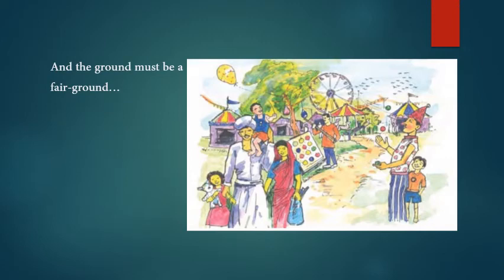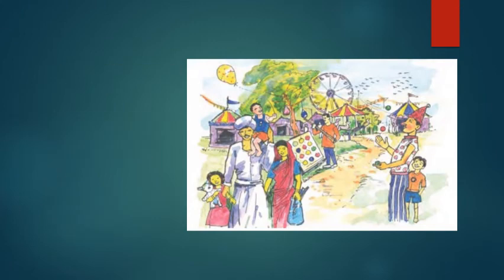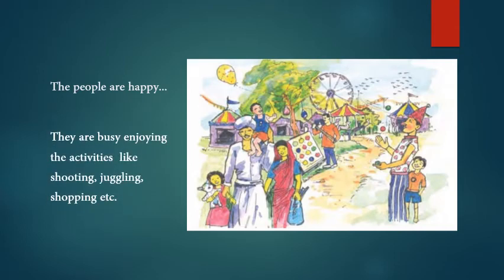And the ground must be a fairground. Here we have the tents, a swing around, a merry-go-round, and many more. Why don't you make the list complete? The people are happy. They are busy enjoying the activities like shooting, juggling, shopping, etc.